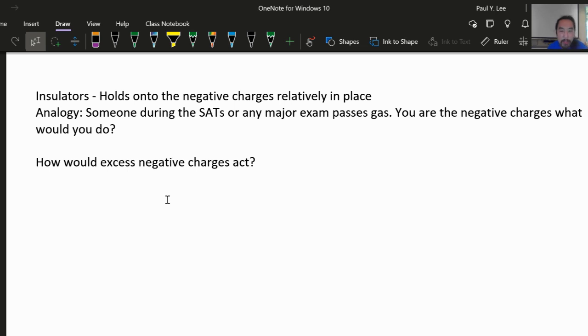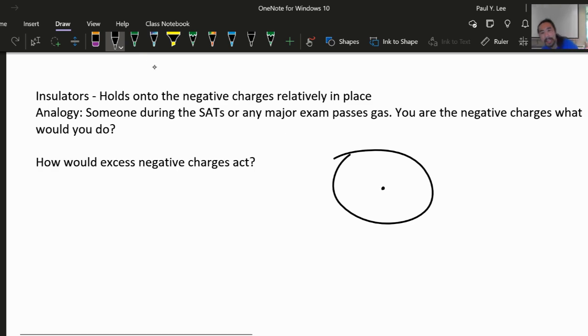So kind of like if we have the same idea. Let's say the stinky gas was released here, right? Everyone is going to be leaning away from that region. So the closer you are to that region, the more polarized you're going to be, kind of like this, right? You're going to be leaning away. The negative charges are like, ooh, getting away.